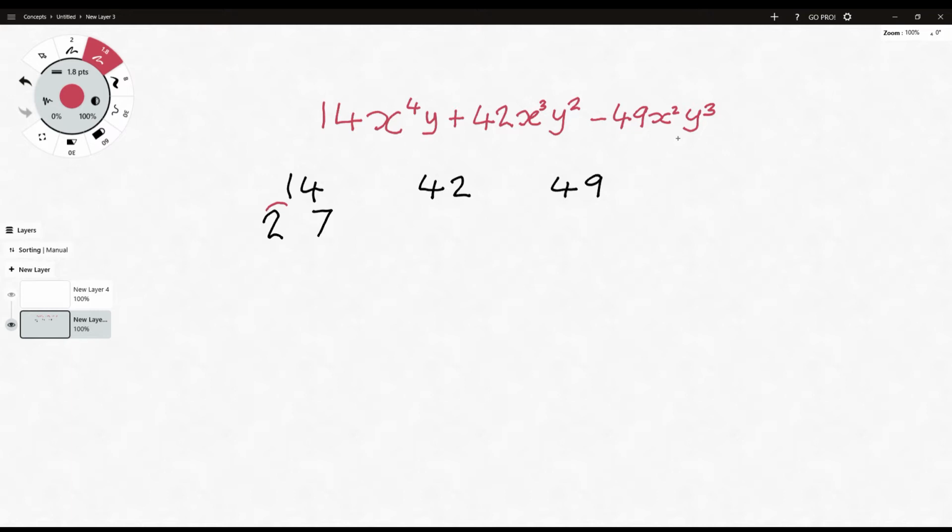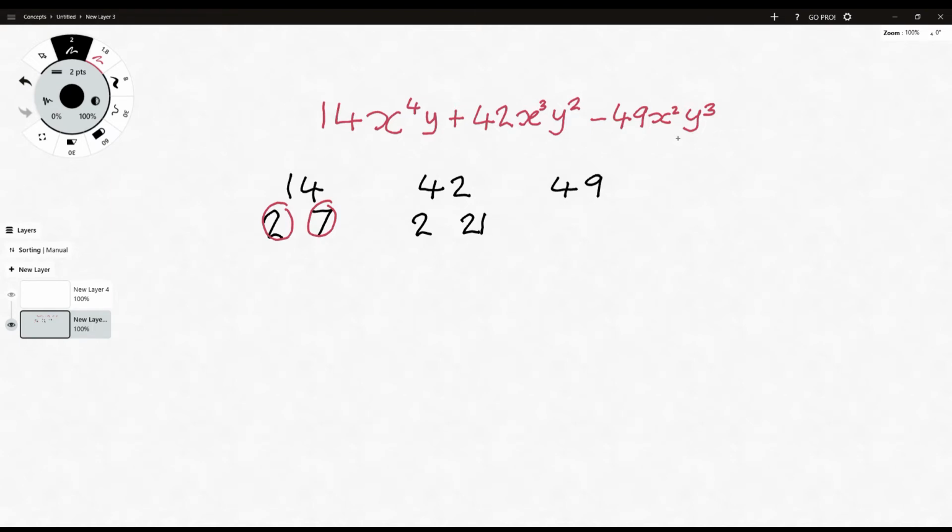Sometimes it's quite helpful to highlight them, so that when we achieve a prime number we can put a little mark around it. Then we do the same for the next number, starting with the 2. We know 2 goes into 42 21 times.